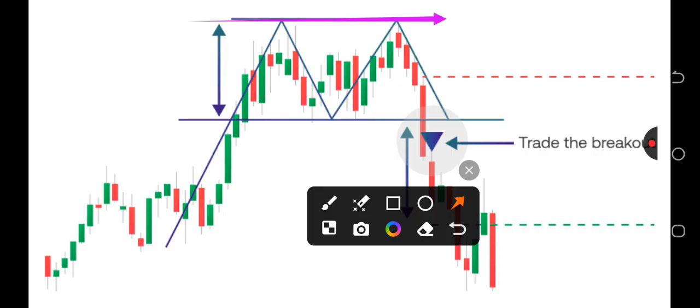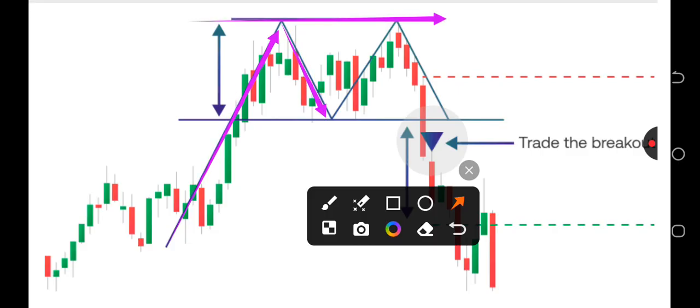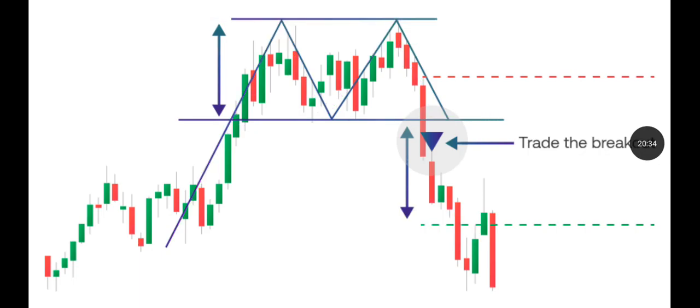Then the buyers were going up, they entered the market, hit that resistance, entered again, and then formed a level here. And then from that support, the buyers entered again, and then eventually they dropped. So now this is a double top. This is the first top, this is the second top. This is what we call a double top pattern.